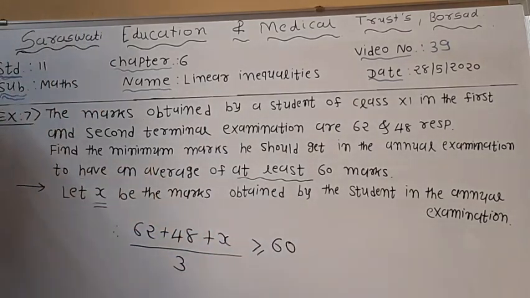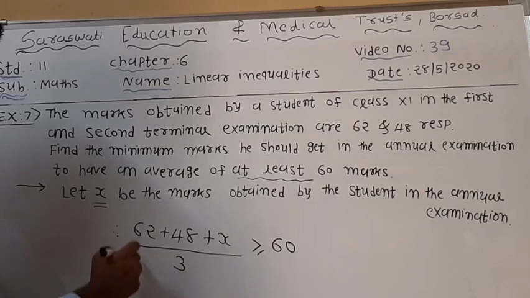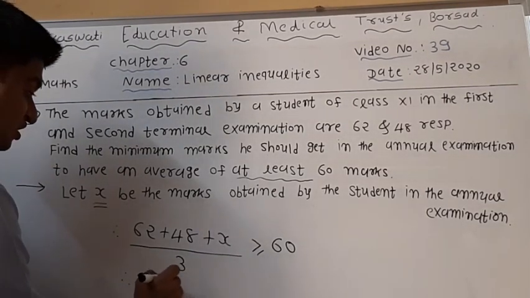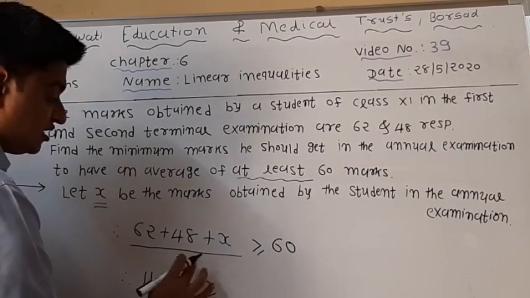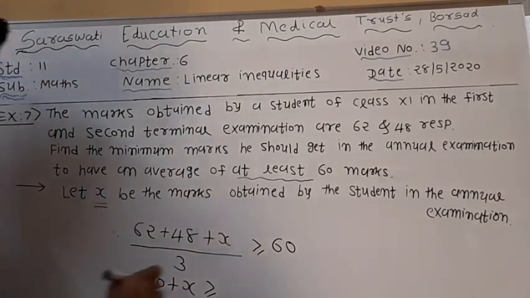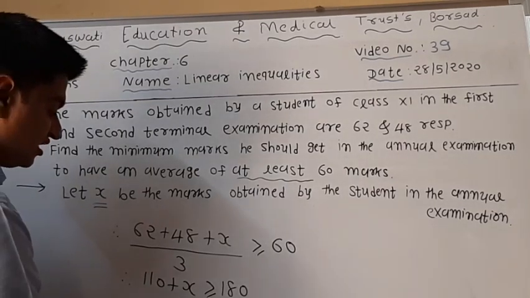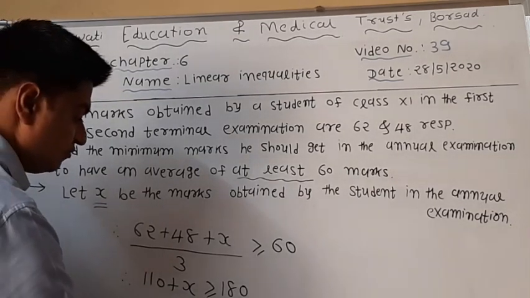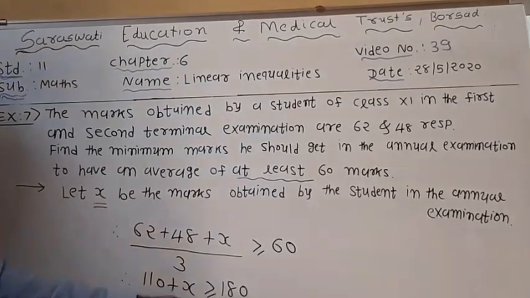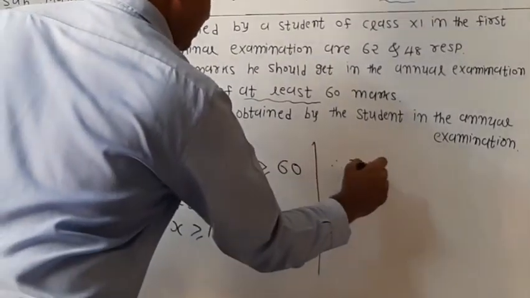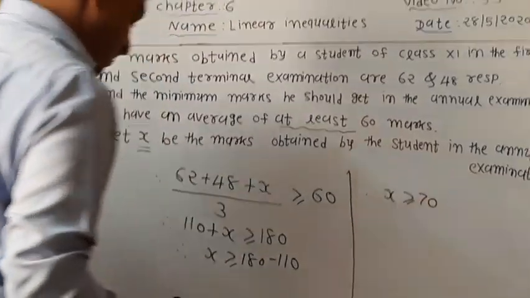Now after simplifying, 62 plus 48, that means 110 plus X greater than or equal to 60 into 3, that means 180. So therefore X greater than or equal to 180 minus 110. Now subtract, so therefore X greater than or equal to 70.